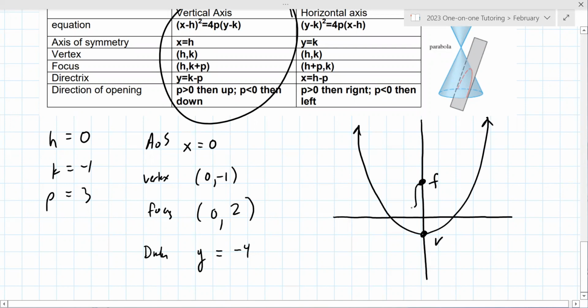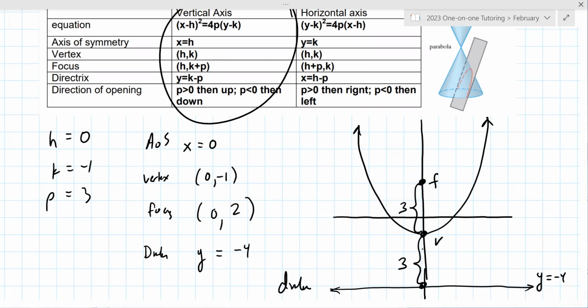But this distance here, this 3, just happened to be 3 again, is the same distance down that you go for the directrix, y equals -4. This is also 3 for the directrix.